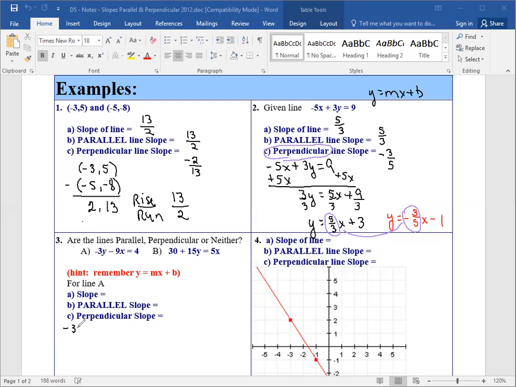So we have negative 3y minus 9x equals 4. So if I add 9x, whoops, we have negative 3y is equal to 9x plus 4.